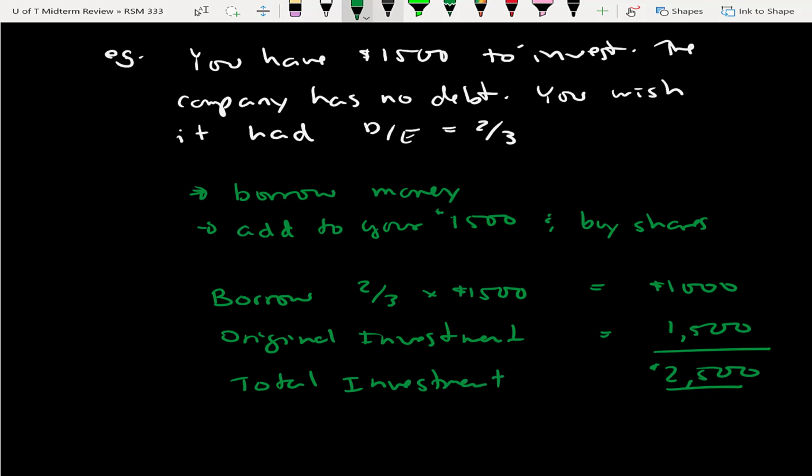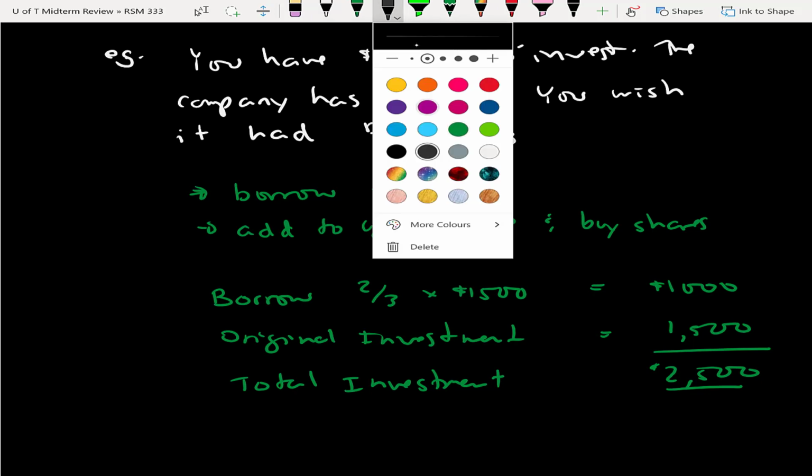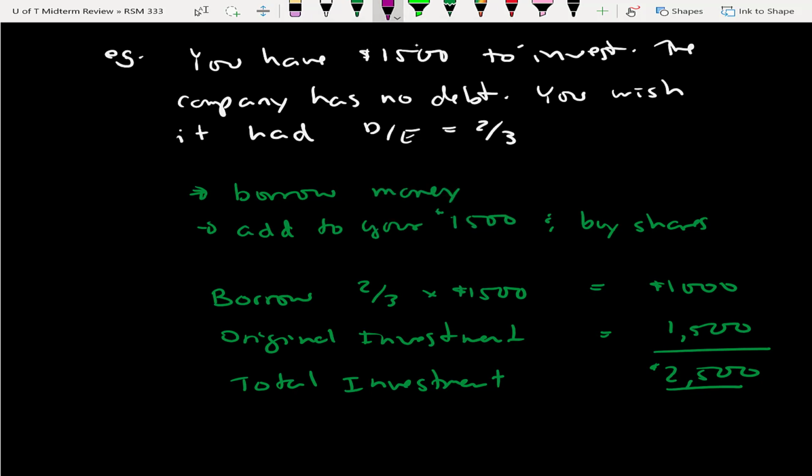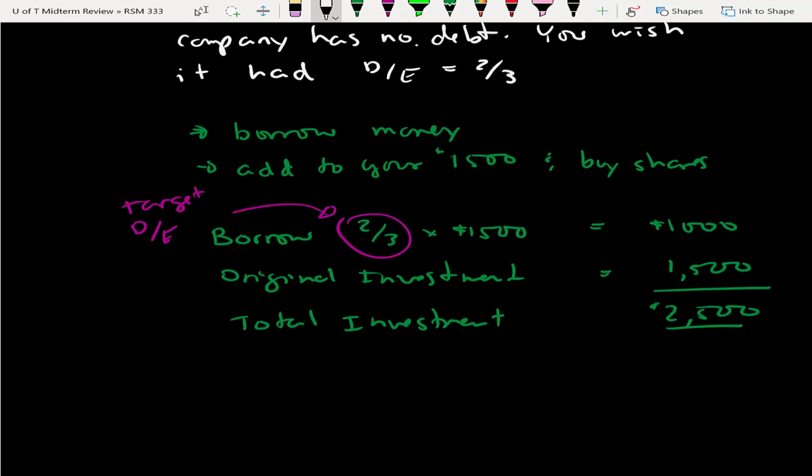And this is relatively intuitive because this here is your target debt to equity ratio. Okay, so that will allow you to be in a situation where it would be the same risk level as if you bought $1,500 worth of shares in a company with a debt to equity ratio of 2/3.